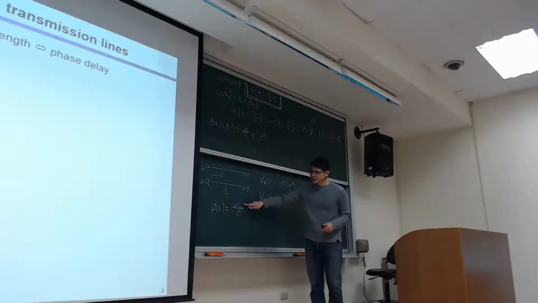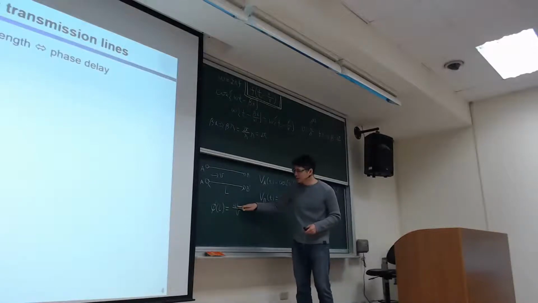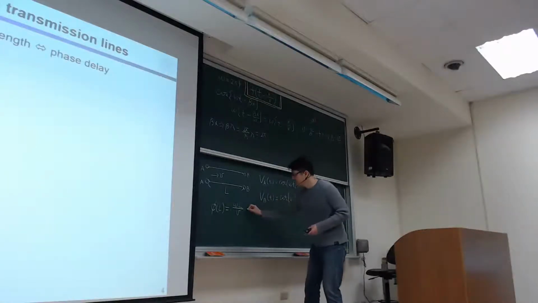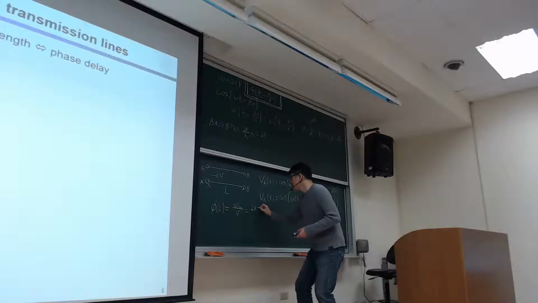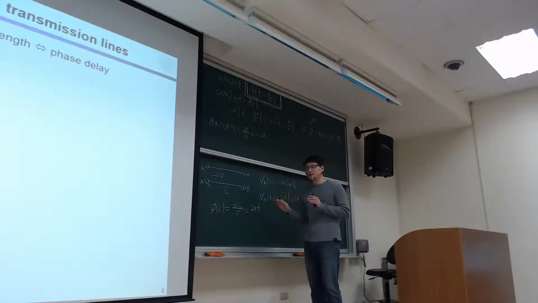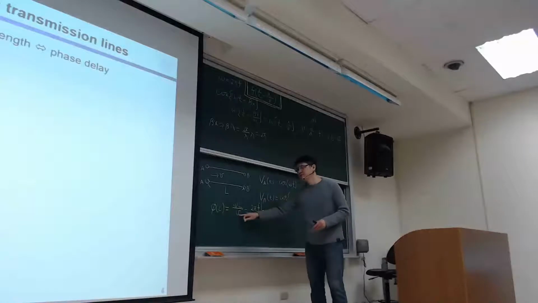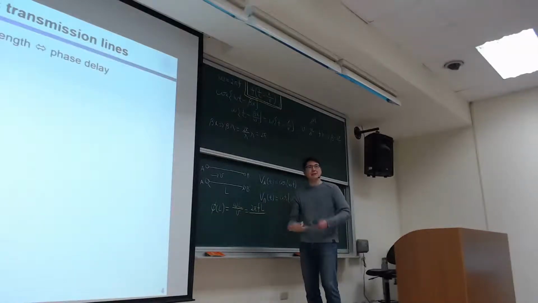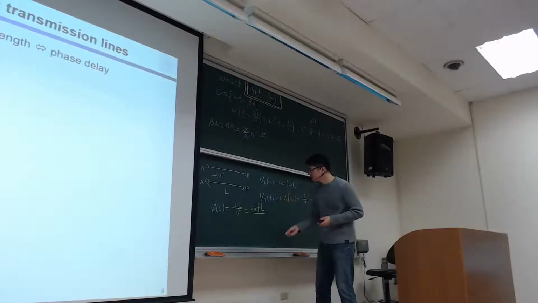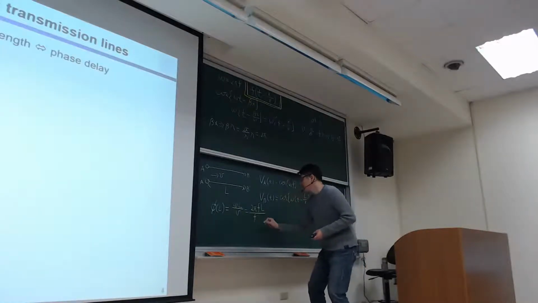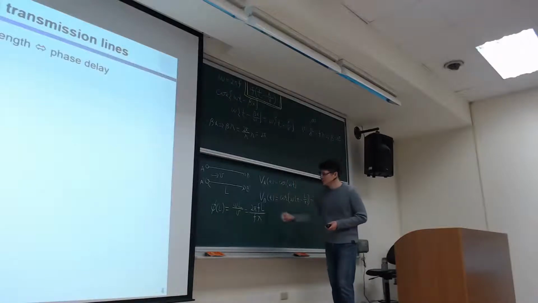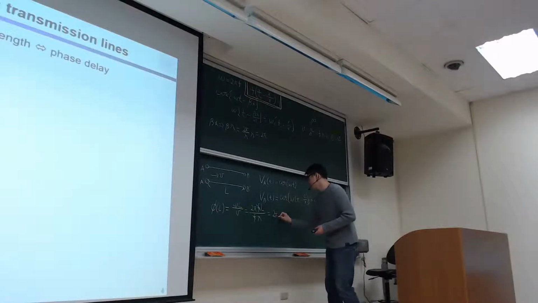This distance-dependent phase is omega times L divided by V, the traveling velocity. But we already know that omega is 2 pi times F, and V is, again, I'm repeating myself, but I want to make sure you understand everything I taught, V is F times lambda. Okay, so we can cancel the F. So eventually you have 2 pi times L divided by lambda.